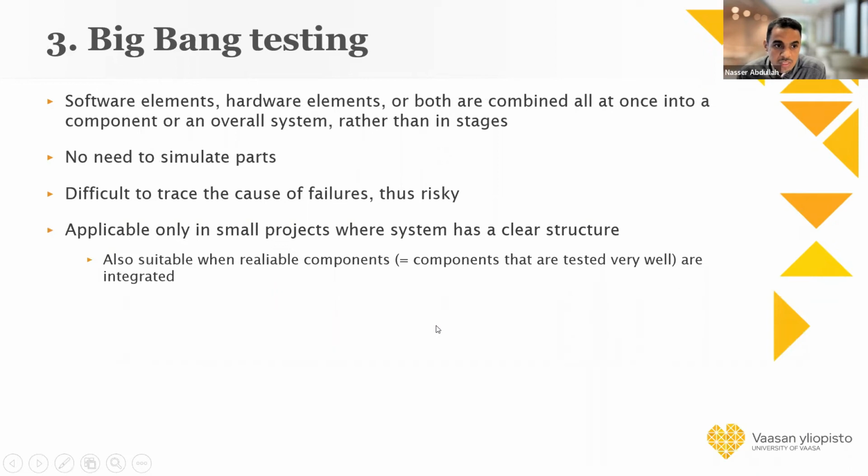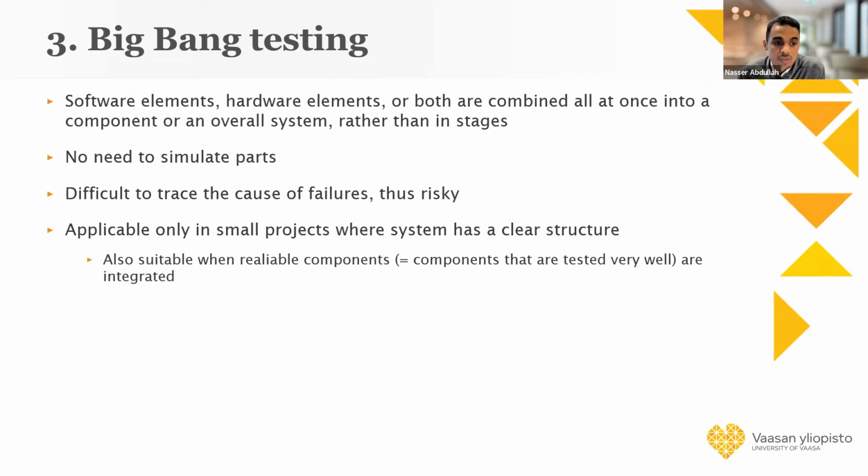So we have the last one, which is the big bang testing. Big bang testing is actually testing all the units at once. We test all together. So actually, this is not practical, because later it will be difficult to locate the defect.